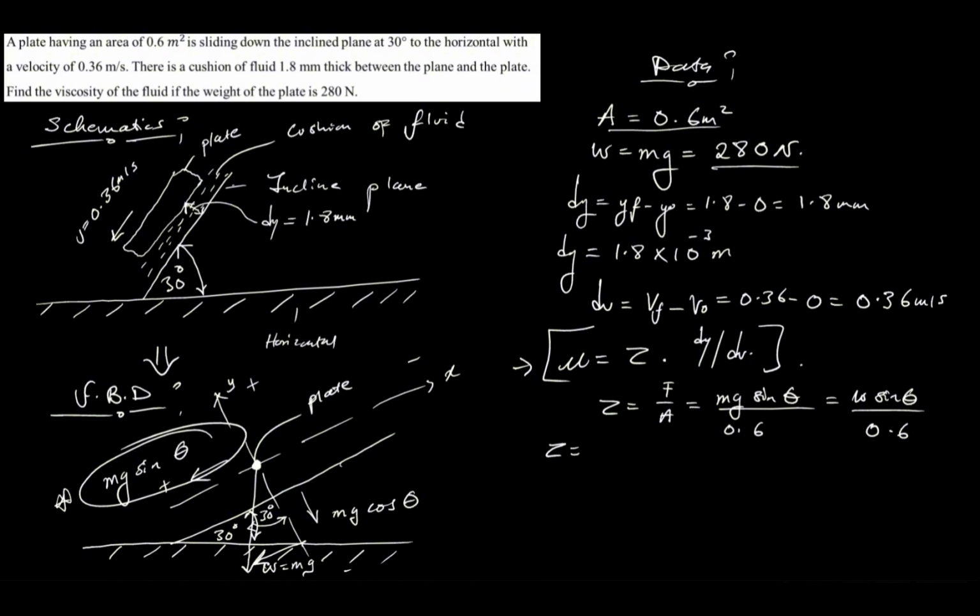So we'll say 280 times sine 30 degrees, divided by the area, 0.6, will give us a shear stress of about 233.33, correct to 2 decimal places, and this would be newtons per meter squared. So now we have our shear stress.